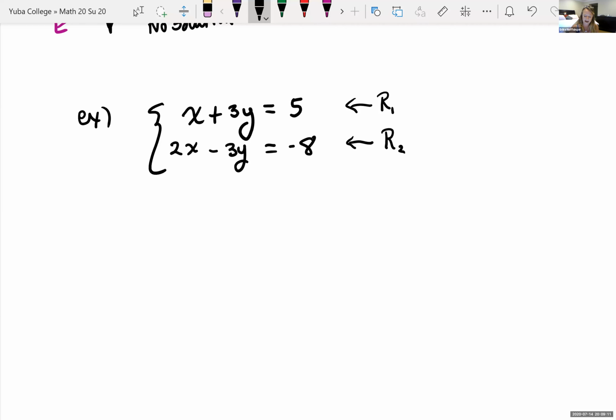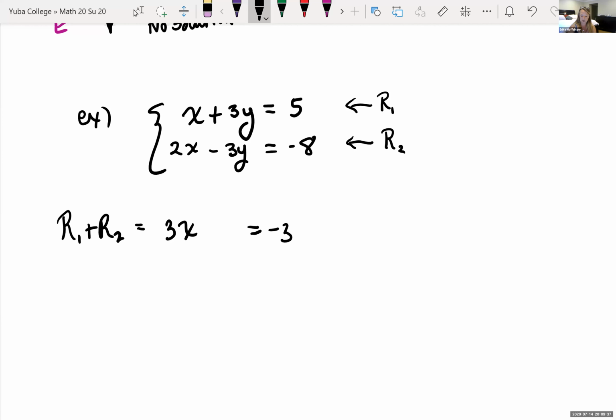And so right now, all I'm going to do is add row 1 plus row 2. Because I can just sum it right here. So x plus 2x gives me 3x. 3y minus 3y, those cancel, is equal to 5 minus 8, which is negative 3.